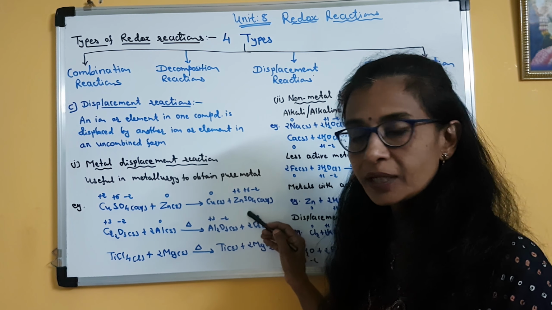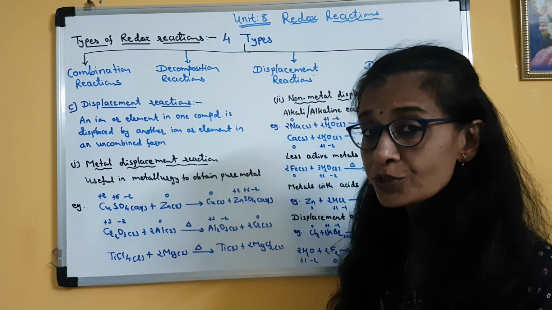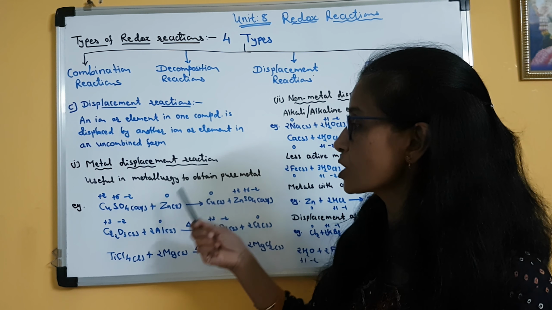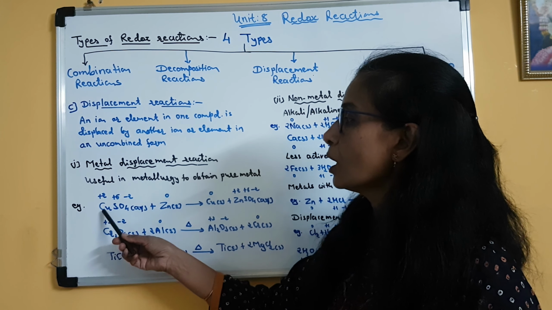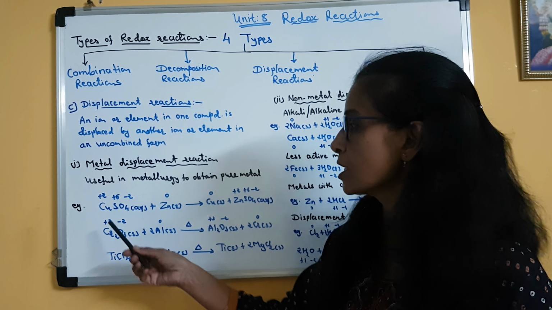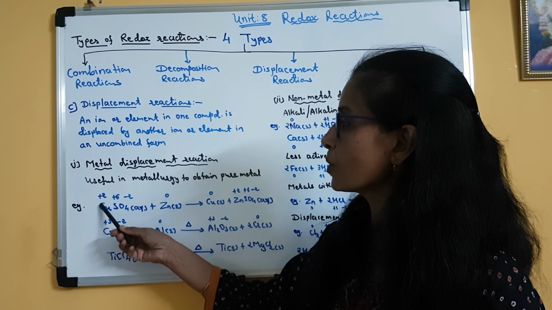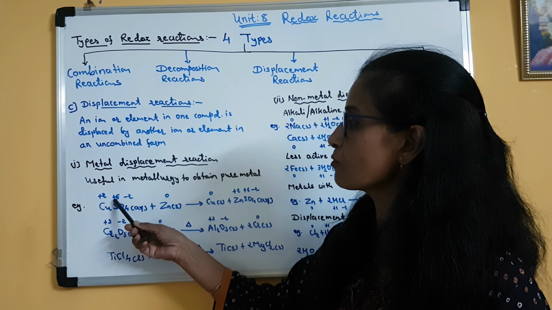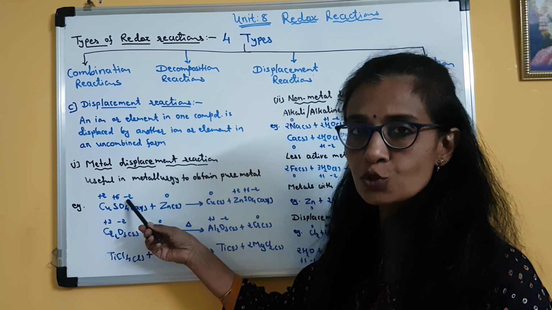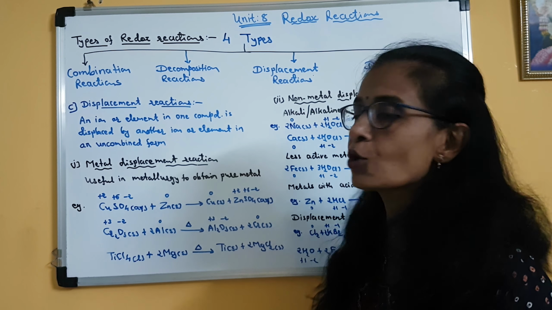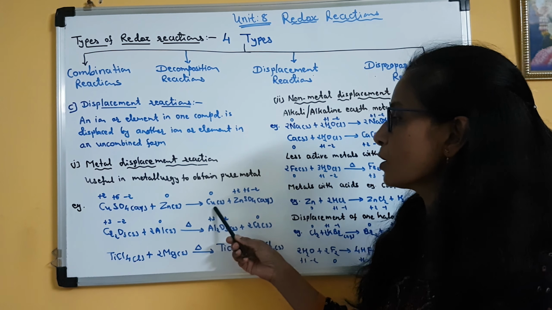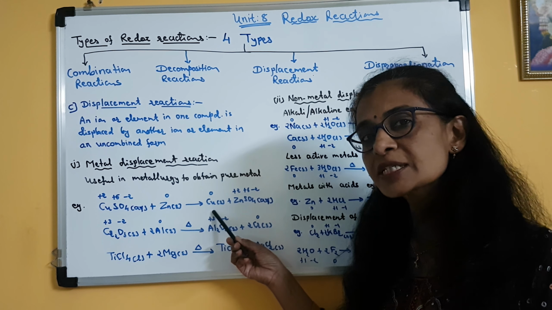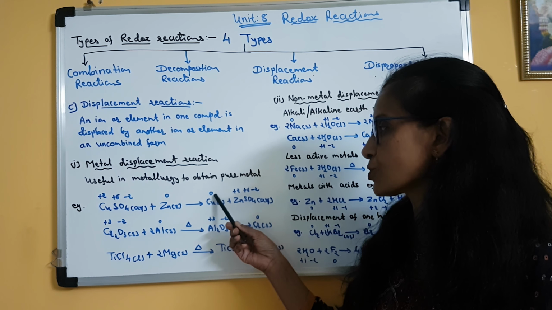Now here, in order to justify that this metal displacement reaction is a redox reaction, it is compulsory to assign oxidation states. In copper sulfate, copper is in +2 oxidation state, sulfur +6 and oxygen -2. Zinc is in 0 oxidation state because it is in elemental form. On the product side, copper is in elemental form, so it is in 0 oxidation state.